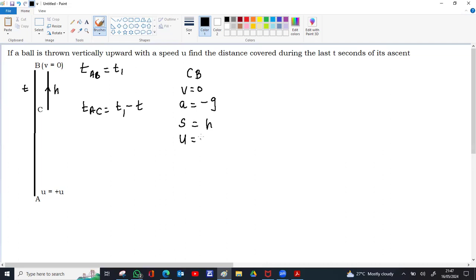Out of the three relations, v equal to u plus at, s equal to ut plus half at square, and v square equal to u square plus 2as, v and s come together only in the last relation, and in that you need u. The u for CB is the velocity at C. So if we can find the velocity at C by any other means, we can find the height using the formula v square equal to u square plus 2as.